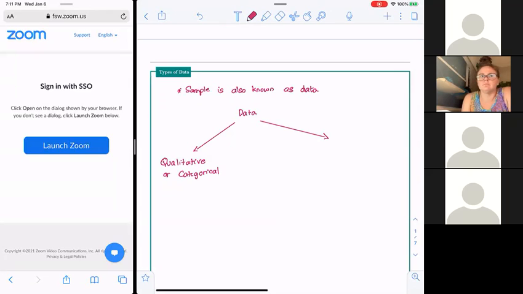The first one is qualitative or categorical data. So the key word here, qualitative, the key word for that is quality. If you look at categorical, the key word there is category. So qualitative variables or categorical data variables are samples or data that contain measurements that are qualities or attributes or categories of some sort.